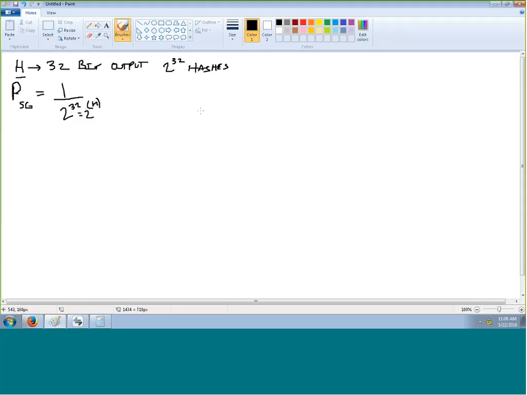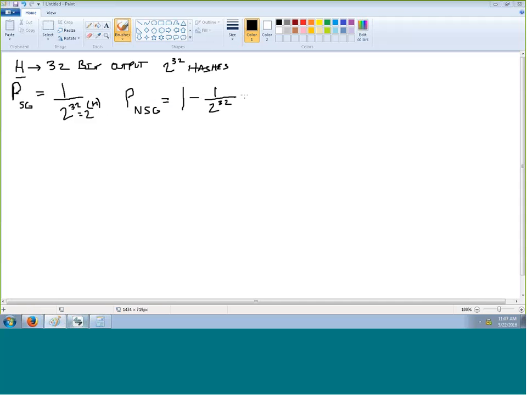You'll agree this tells us that the probability of not getting a collision on a single random hash generation is, remember back to our coin flipping problem, 1 minus 1 over 2 to the 32nd, or 2 to the n if we want to generalize.